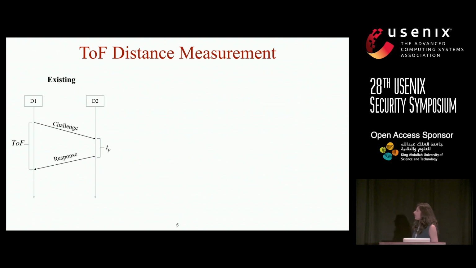So what do these systems look like today? To prevent distance reduction attacks, we use challenge-response protocols, where the challenges and responses are generated cryptographically. For a reduction attack, the attacker would need to predict these challenges and responses.